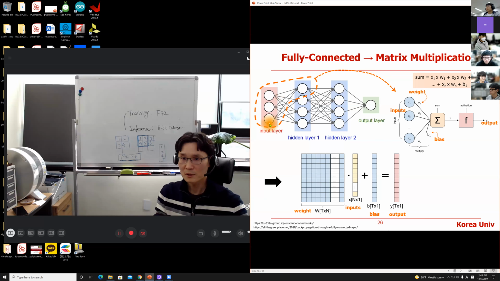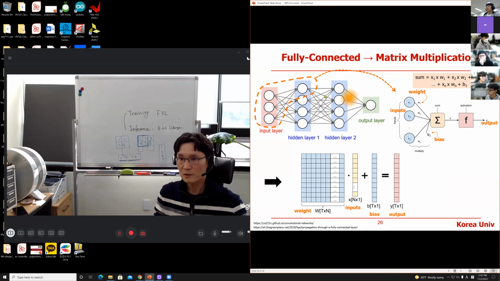So you have input features. After going through this fully connected layer, you want to get this output. You can have multiple outputs, depending on the classes you have. So that is called the weight.